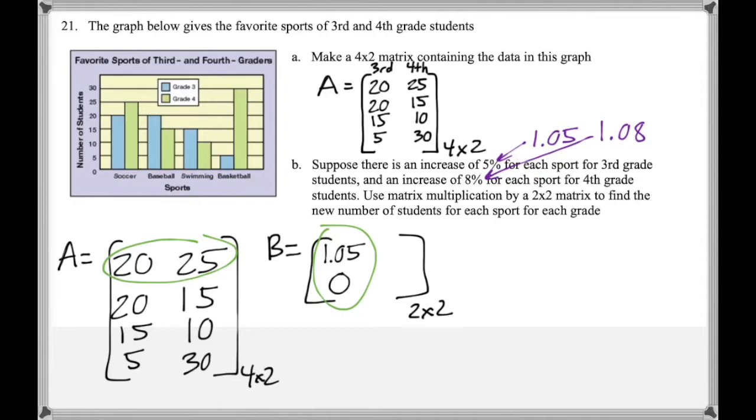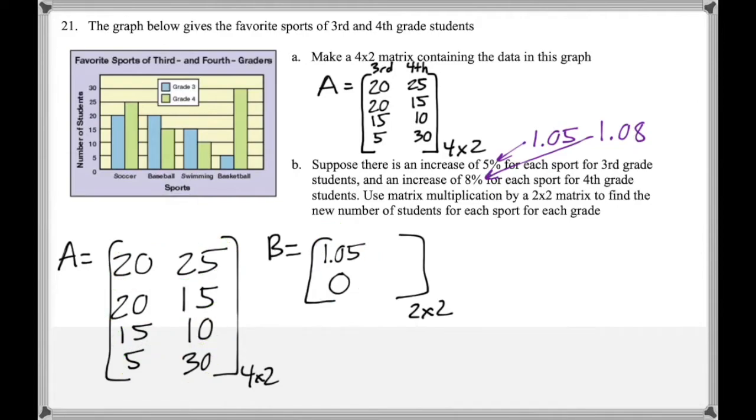So the 20 gets multiplied by the 1.05, which is what I want, because that's the 3rd grade information. And then the 25 gets multiplied by 0, and that's equal to 0, and that's what I want because I'm not considering the 4th grade information right now. And that'll be the same for all of the other rows that get multiplied by this.